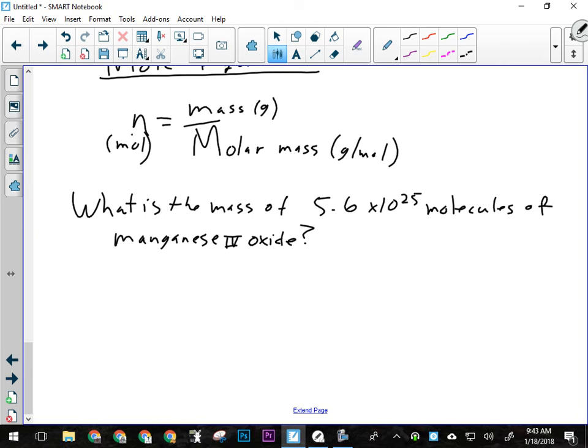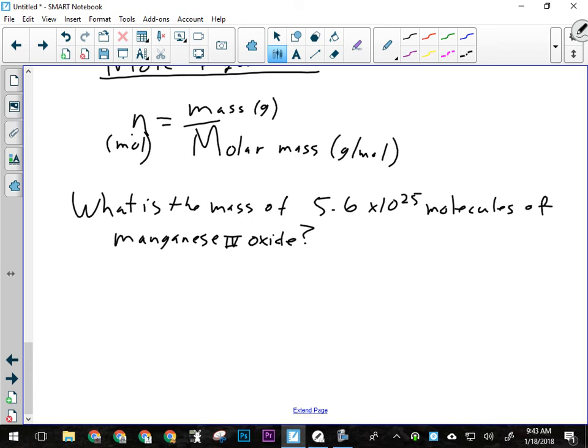I probably wouldn't pick a compound that brutal, but that's what I'm going to go with today, just so we can review a couple of other things at the same time. How important is it for me to get that formula right? It's crucial. If I don't get the formula right, I'm not going to get the molar mass right, and I'm not going to get the rest of the question right.